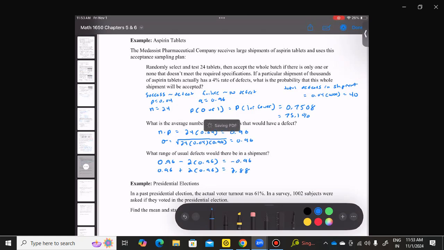So anywhere from 0, 1, or 2 defects found is usual. So with 0 and 1, there's a 75% chance you're going to find that and still allow the shipment to go through. There is a chance though you'll find 2 and the shipment would not be allowed to go through. Too many defects basically.